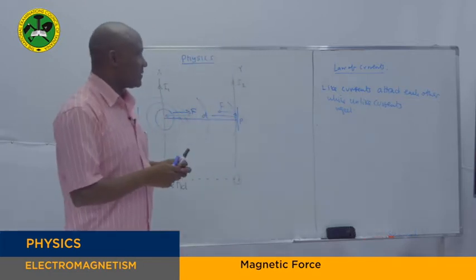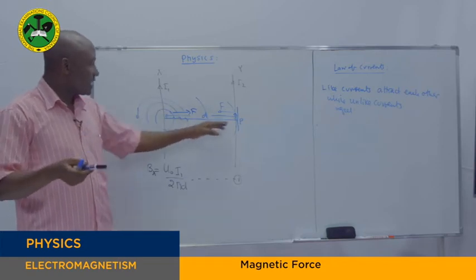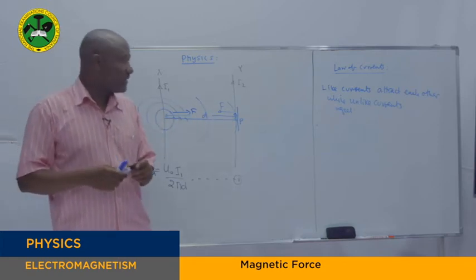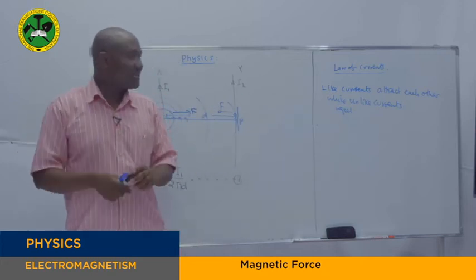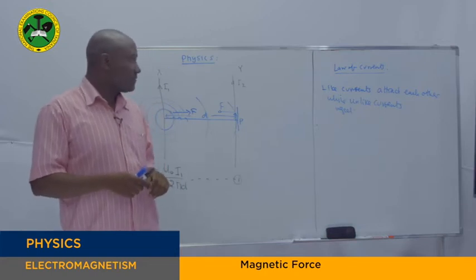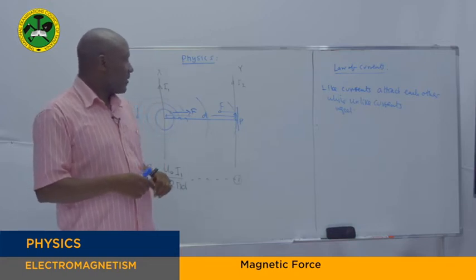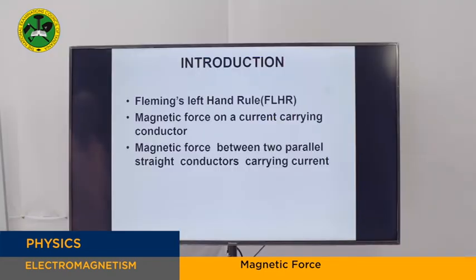Like currents, meaning currents flowing in the same direction, attract each other; there must be a force of attraction. But for current moving in the opposite direction, there will be a repulsive force. So you talk of attraction or repulsion force.